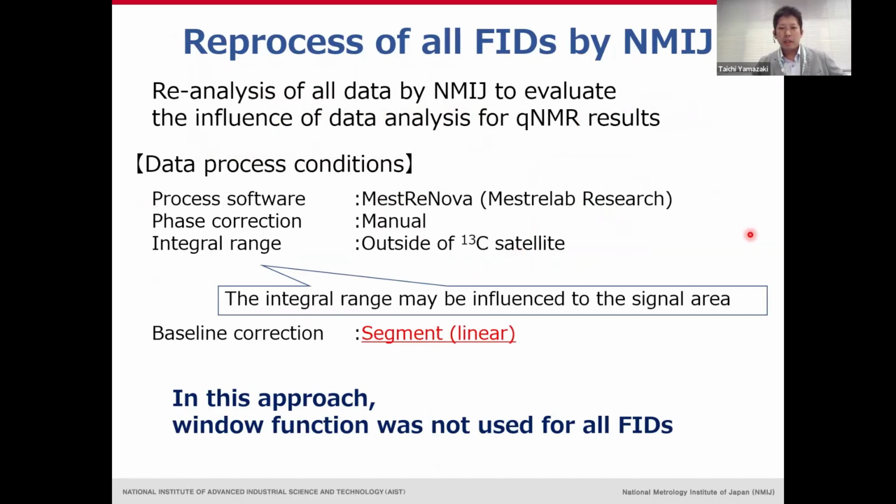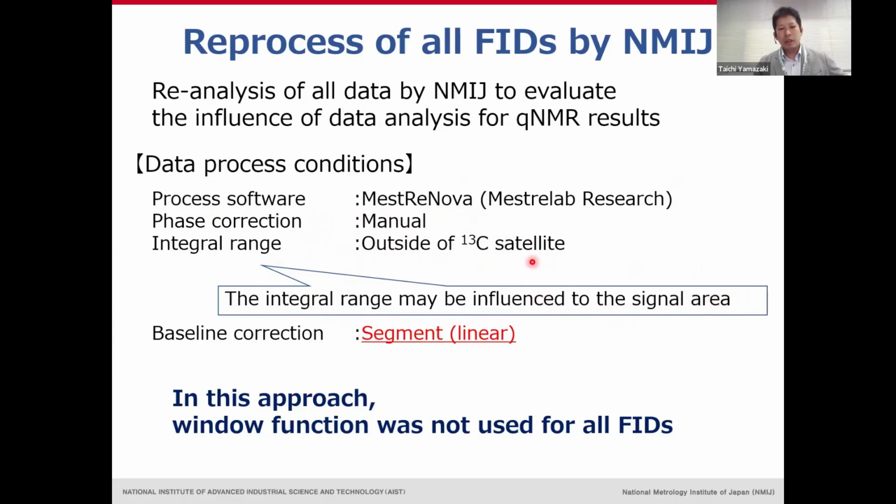This is an example of data processing. The software used was Mnova, with phase correction done manually, and the integral range set to outside of the carbon-13 satellites. So the integral range may influence the signal area.